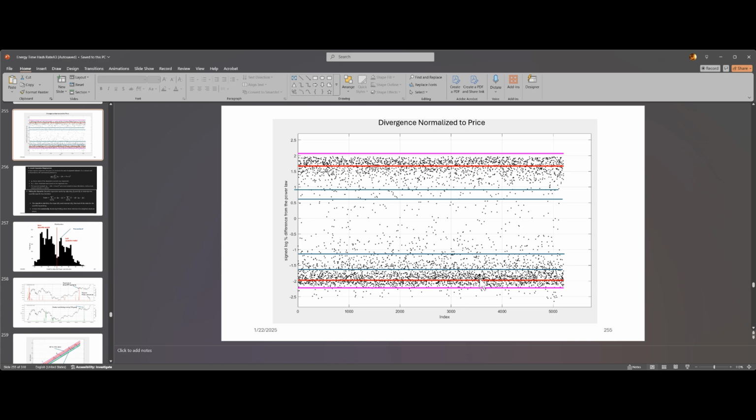And I draw here other lines that represent different amounts of deviations, like one deviation above the power law, one deviation below, standard deviations basically. You can see that by the time you go to a standard deviation, you have basically almost all the points contained in this very narrow region.